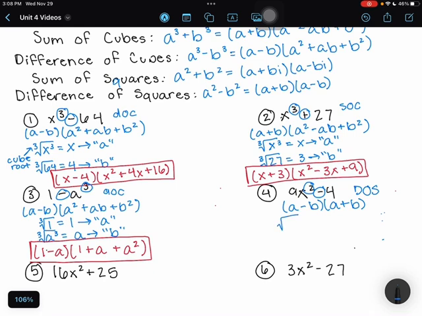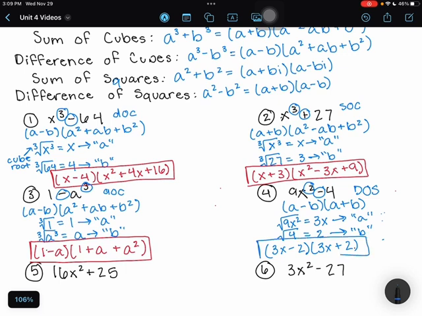So the square root of 9x squared is just 3x. The square root of 4 is 2. That 3x is going to be my a term. 2 is going to be my b term. So I have 3x minus 2 and 3x plus 2.